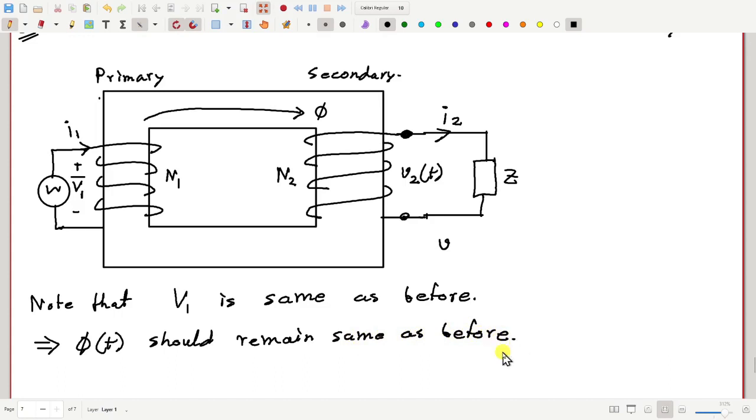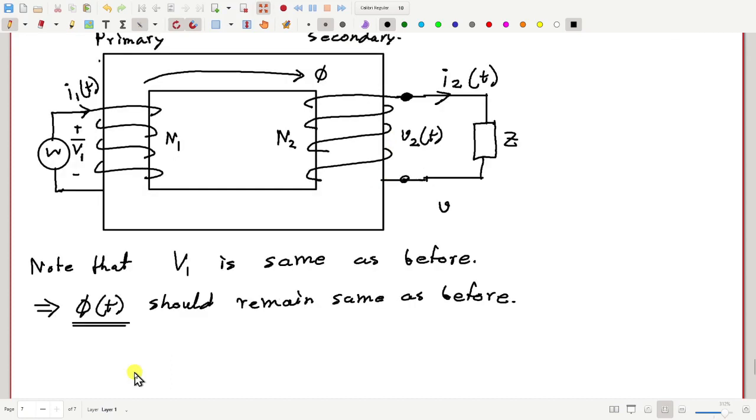However, previously only current I1 was flowing and I2 was 0. Now I1 and I2 both are flowing, both of them are non-zero. But still the flux must remain the same.